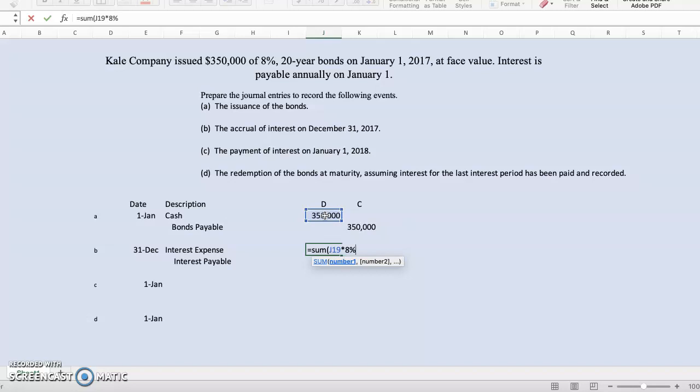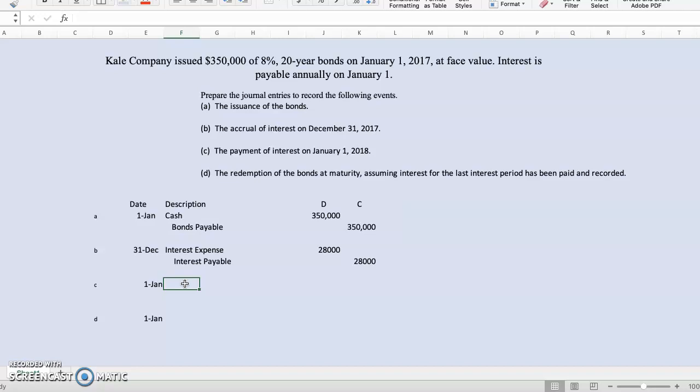So since this is for the entire year, that will just equal 1, so it won't make any difference. So we'll just put it at that. And so we will debit our interest expense for the $28,000 and we will credit our interest payable for the same amount.